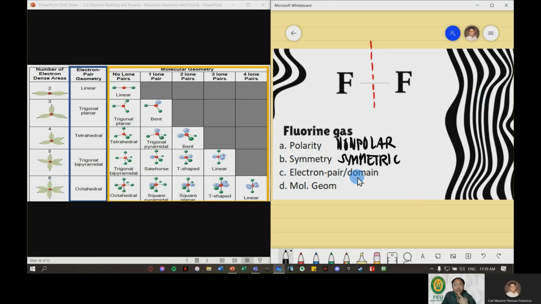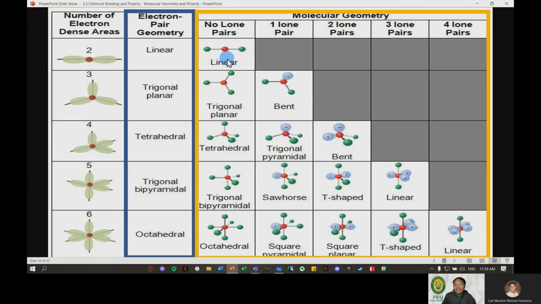Always remember that one. They are always partnered. Now next, electron pair domain. Now from the looks of this particular molecule, should we draw fluorine gas's 3D structure, the most appropriate E-pair shape and molecular geometry shape from this particular structure would be linear. Linear E-pair, linear Molegeom.